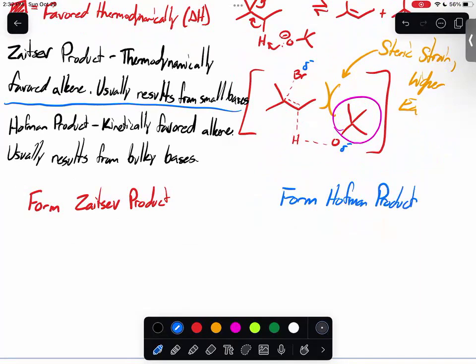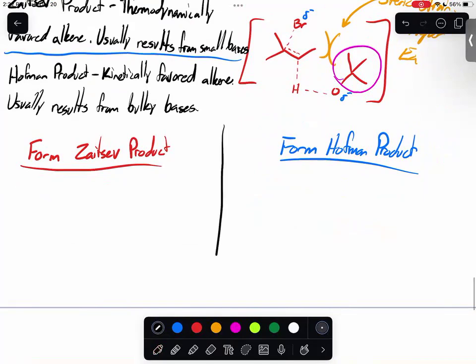All right. So for the Zaitsev product, we're usually looking at things that are relatively small, right? So we've already discussed one of them being the ethoxide, right? This has a linear chain, which is considered small, right? Because those carbons can move around and not really interact with many things.